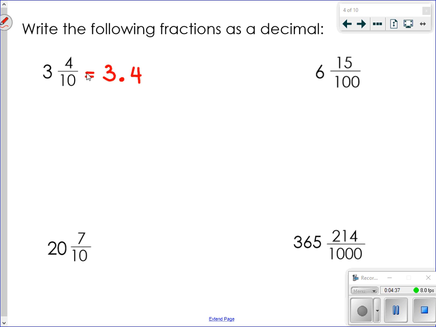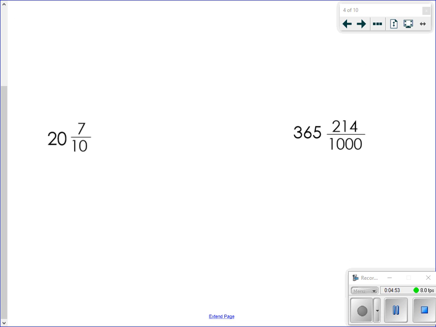Okay, 6 and 15 hundredths. 6.15, ending in the second position after the decimal, because that's the hundredths place. 6 and 15 hundredths. Okay, the next one is 20 and 7/10. We would write that as 20.7, 7 in the tenths place, the first position after the decimal.